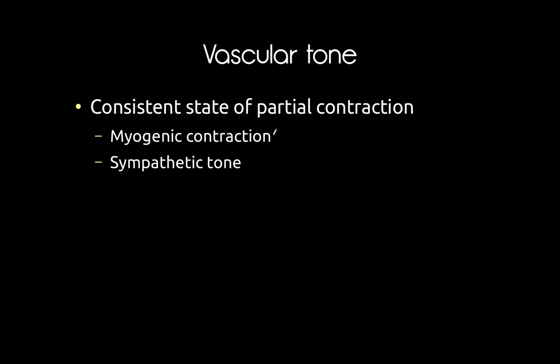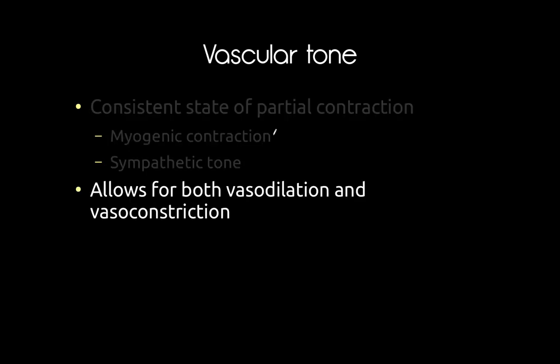And so we get some myogenic contraction, or some of the stimulus that's generated within the smooth muscle itself. However, there's also some low-level input from the sympathetic nervous system that creates this tonal level of stimulation, which also causes a small level of contraction as well. So it's a sympathetic tone.